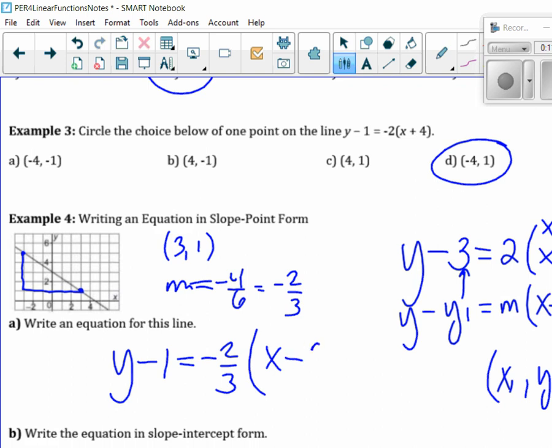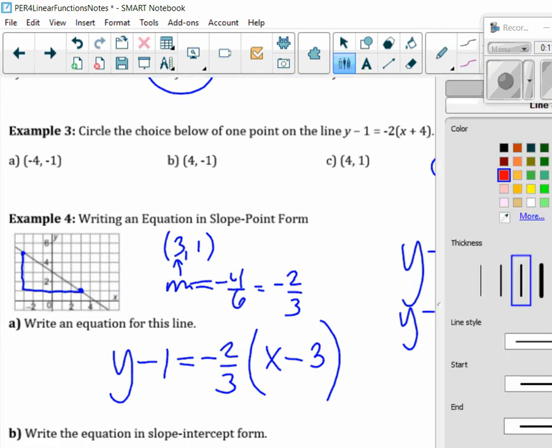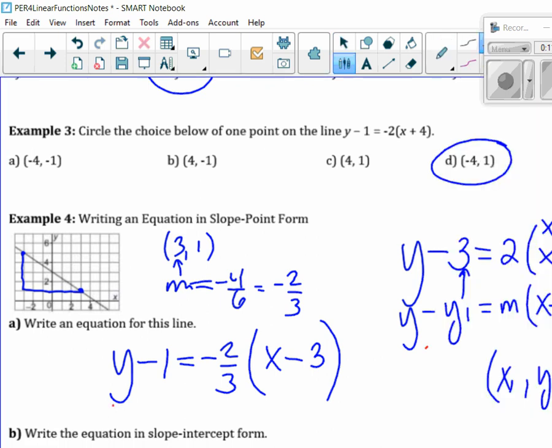No, it's minus 3. There we go. Again, I'm substituting it into the form, and if you're having concerns here, write it out. y minus y1 equals m(x minus x1), which derives from the slope formula, right?